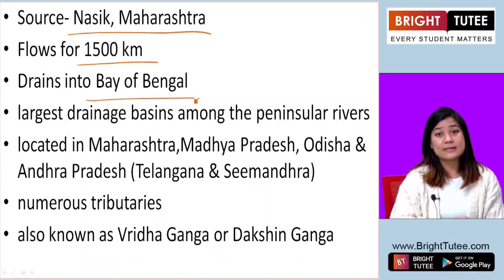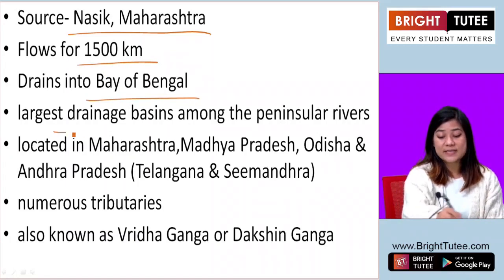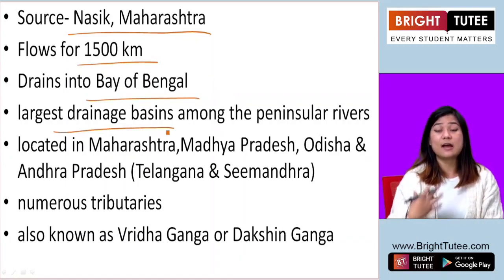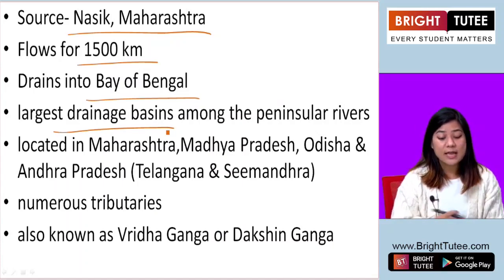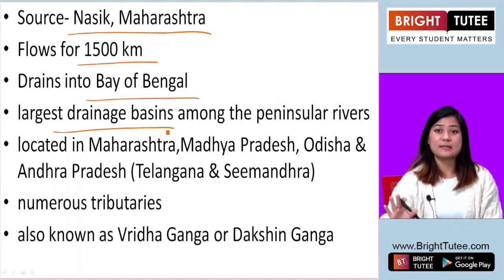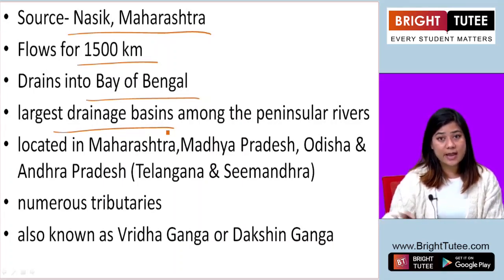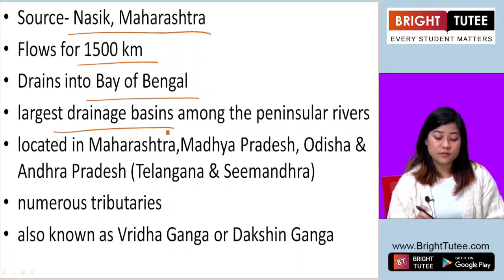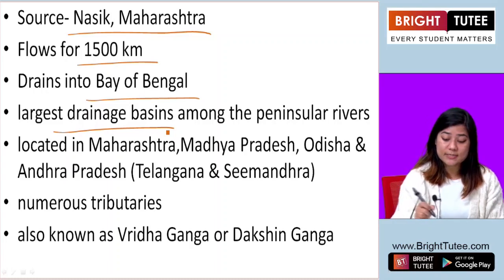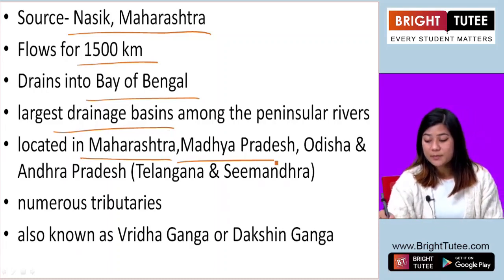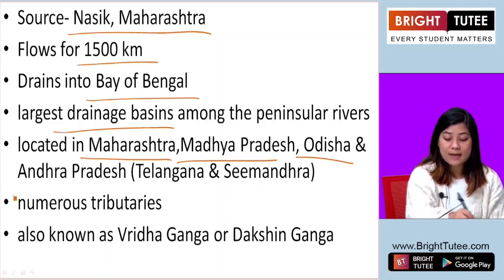It has the largest drainage basin. Obviously, it is the largest river of all the rivers in the peninsular region and hence it also has the largest drainage basin. And the area that the river covers is located in the states of Maharashtra, Madhya Pradesh, Orissa and Andhra Pradesh.